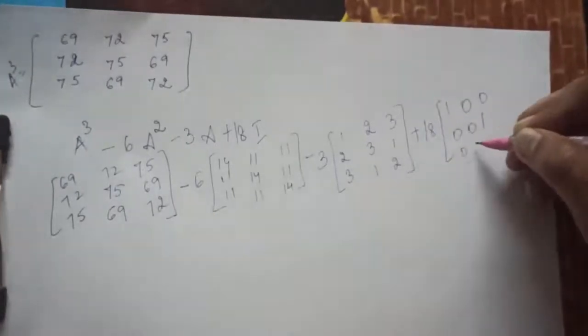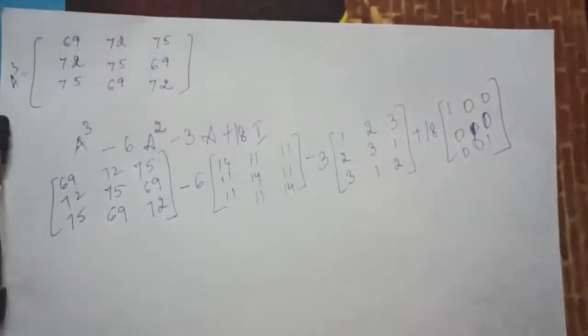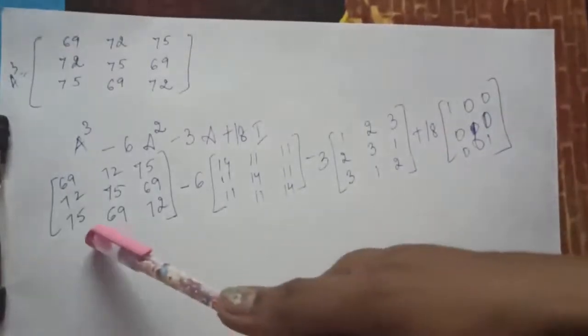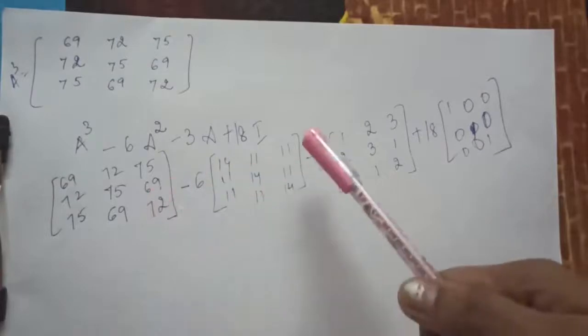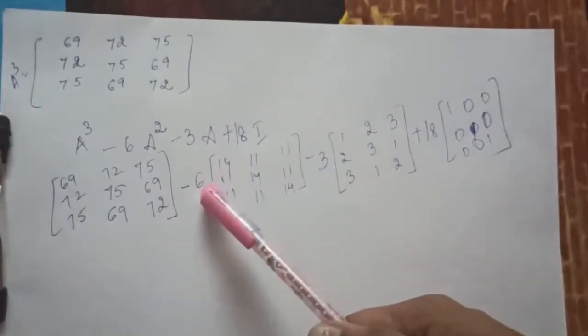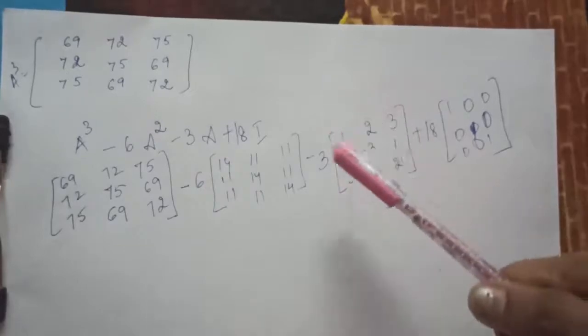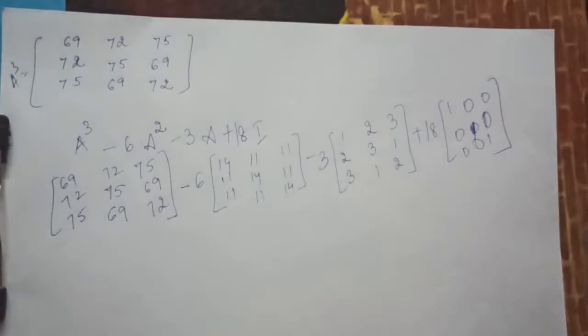So I will be writing, sorry, here 1, this is the identity matrix. Now we have to solve this entire thing, as we have earlier seen how addition and subtraction is done. So we will multiply this full matrix with 6, this full matrix with 3, this full matrix with 18, and then we will finally see whether the answer comes out to be 0 or not.